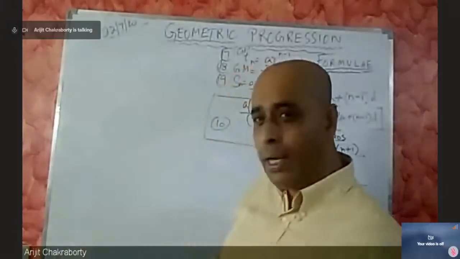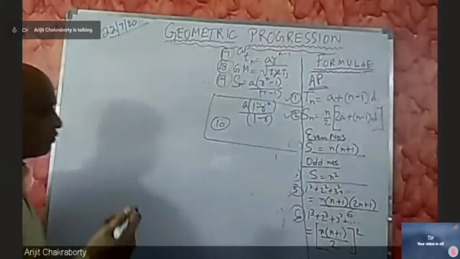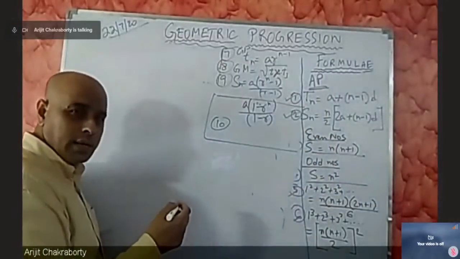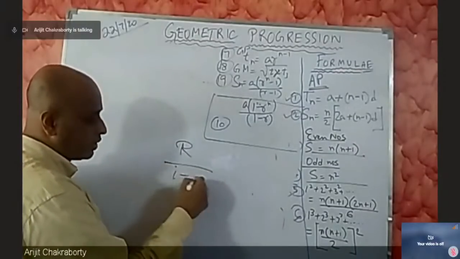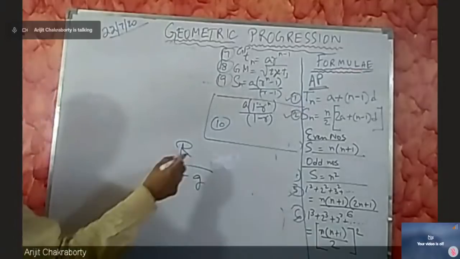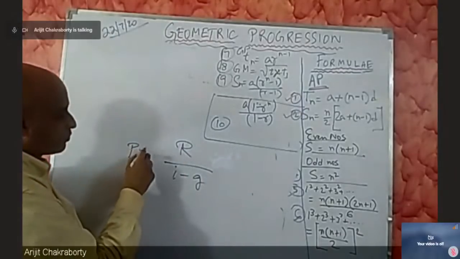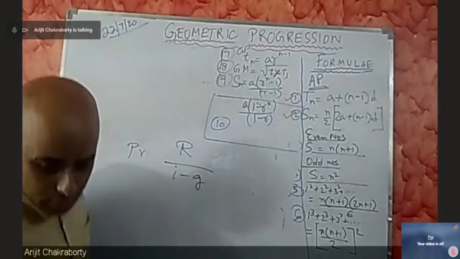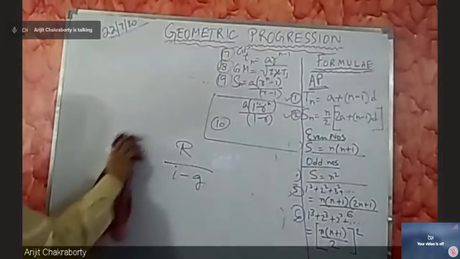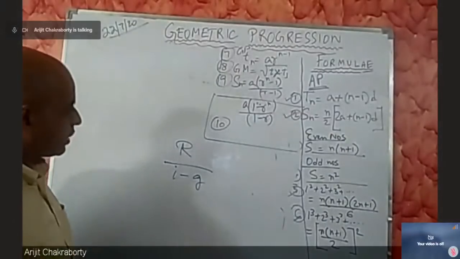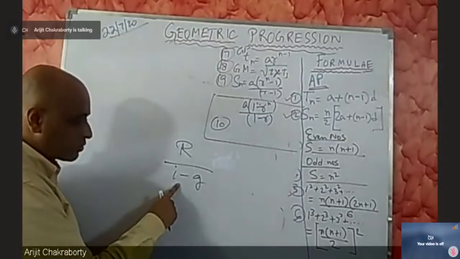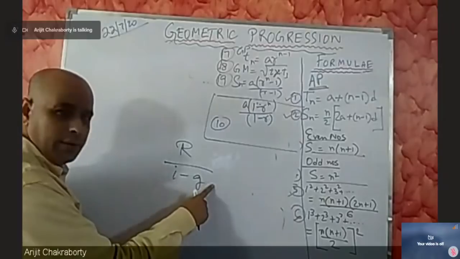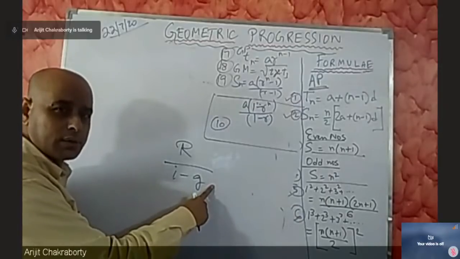In fact, you remember when we were discussing perpetuity, we had done this case where R is the return, I minus G. It was the present value, the value of a growing perpetuity, where R was the return, I was the interest rate and G is nothing but the growth rate.